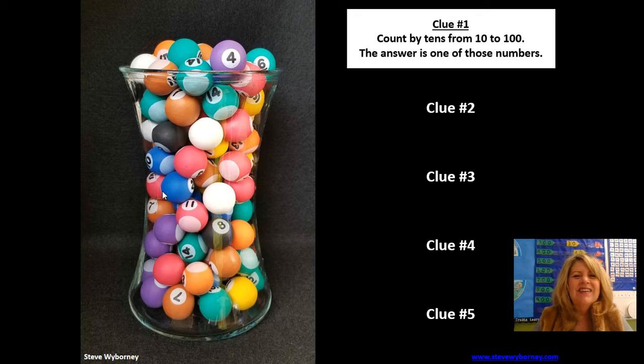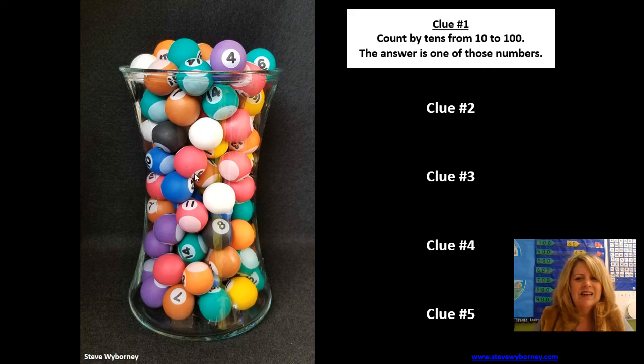Here we go. 10, 20, 30, 40, 50, 60, 70, 80, 90, 100. Oh, yes, we could keep going. 110, 120. But that does not match the clue, does it?